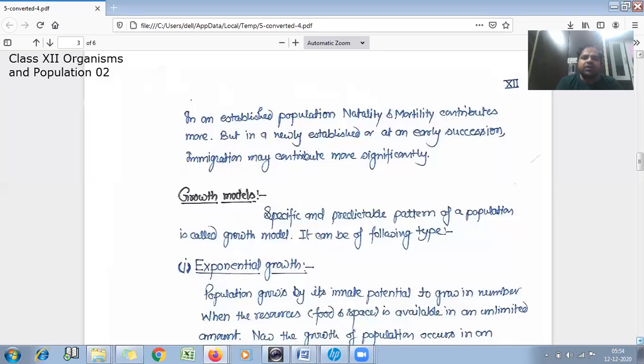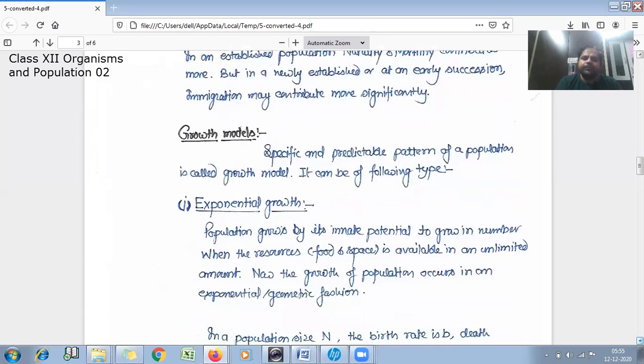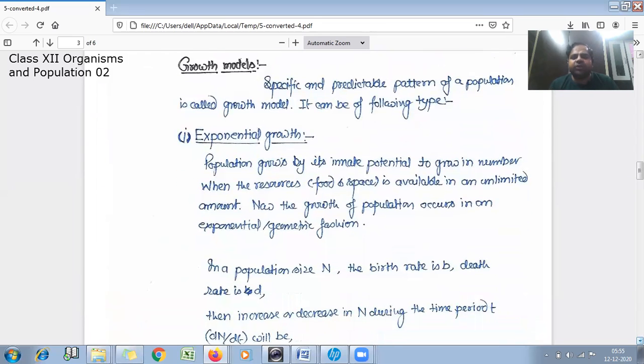Now we will see what the growth models of the population density are. A specific and predictable pattern of a population is called a growth model, and it can be of the following types. The first type is exponential growth. So the population grows by its innate potential to grow in number, where resources such as food and space are available in an unlimited amount.